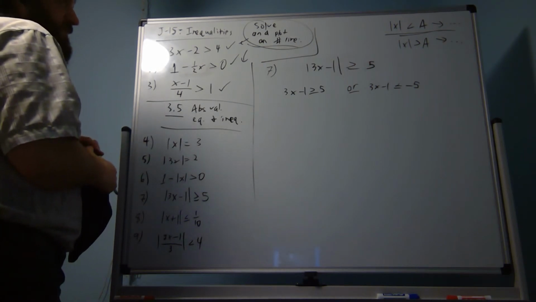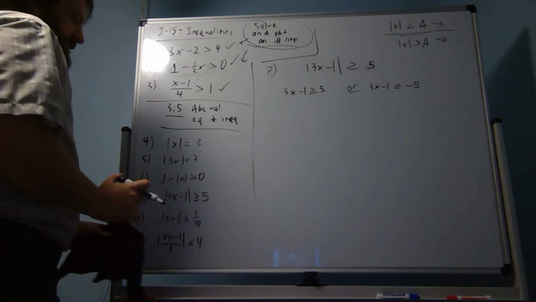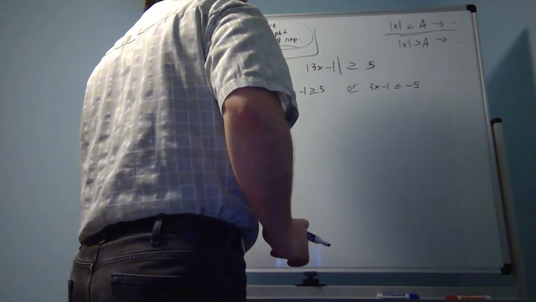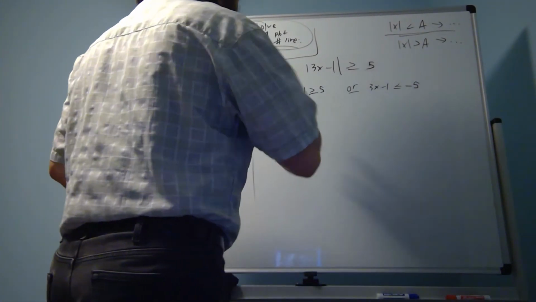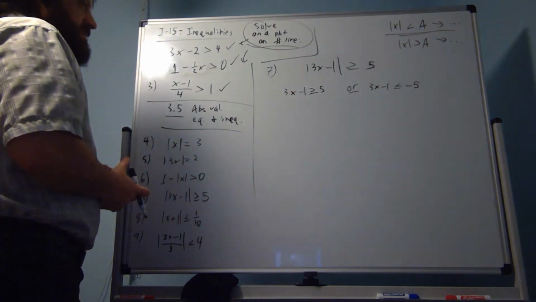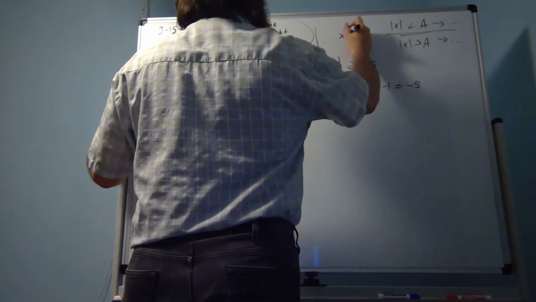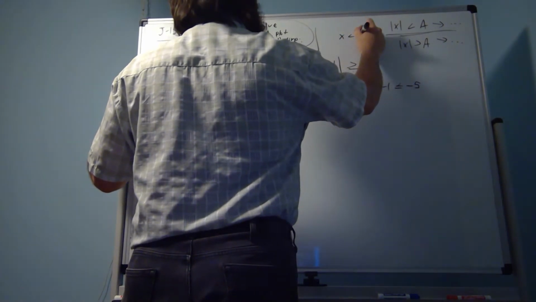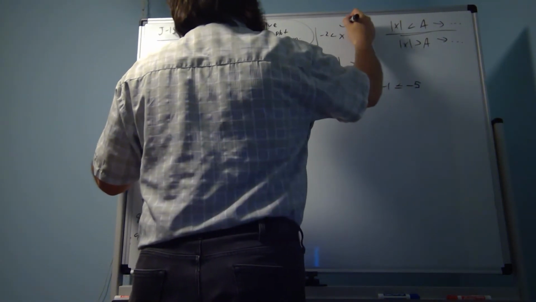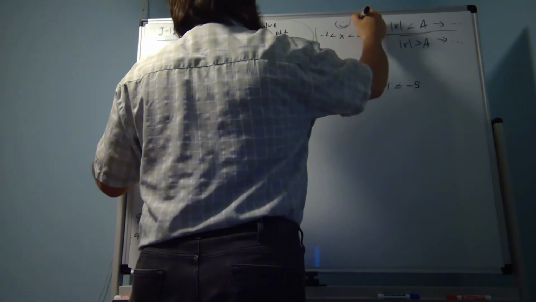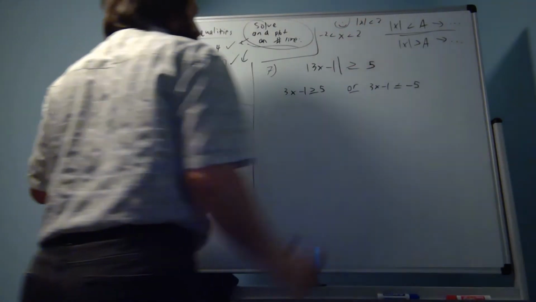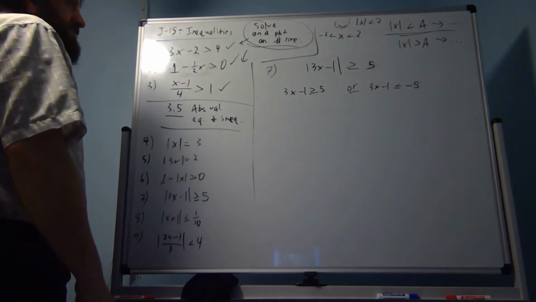Okay, so unfortunately, it's not a single inequality. It's not like a chain of inequalities. This kind of problem for absolute x less than 2, that's the kind of thing you can write down because you're saying that both of those things are true.